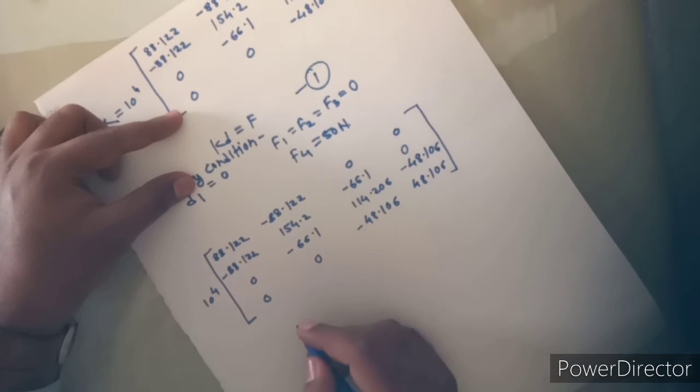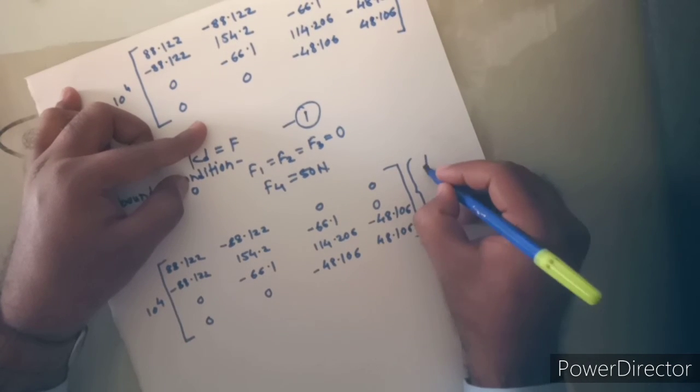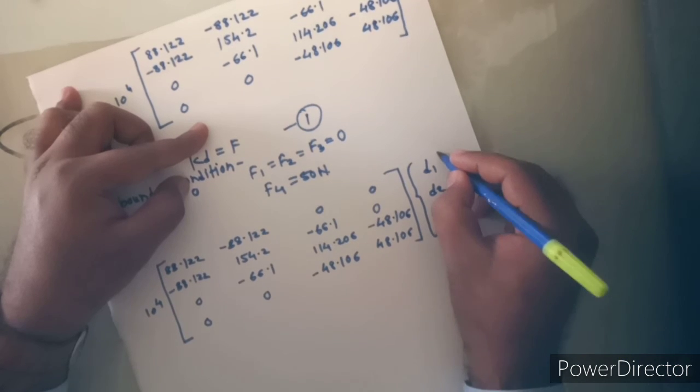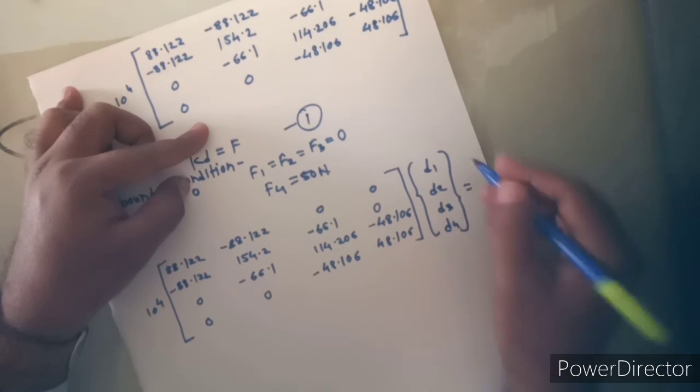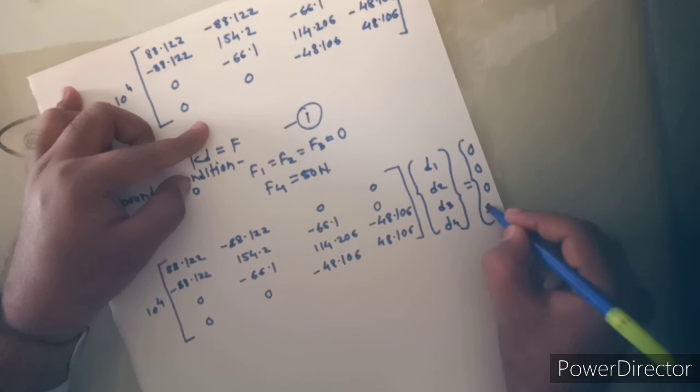This is the stiffness matrix into D1, D2, D3, D4 is equal to forces 0 0 0 50.